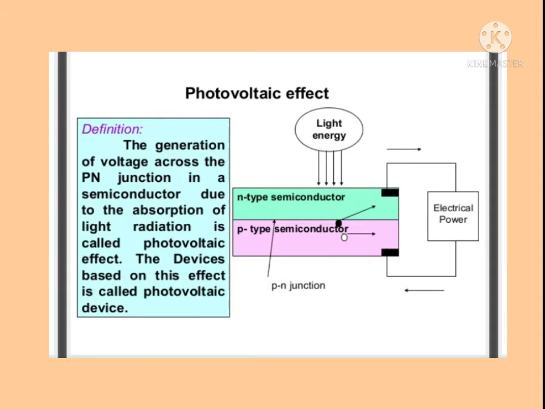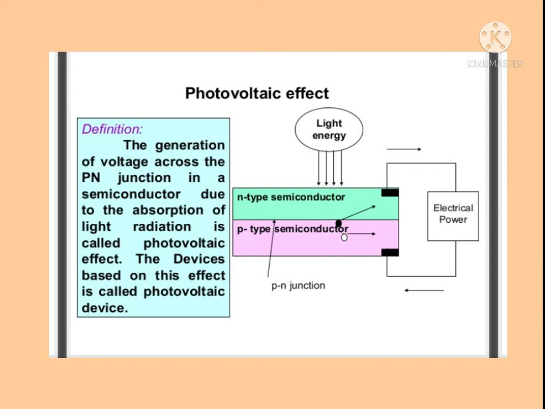When semiconductor materials are exposed to light, photons are absorbed by the semiconductor crystal, which causes a number of free electrons in the crystal. This is the basic reason for producing electricity due to photovoltaic effect.